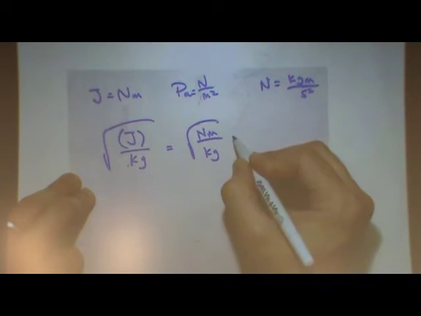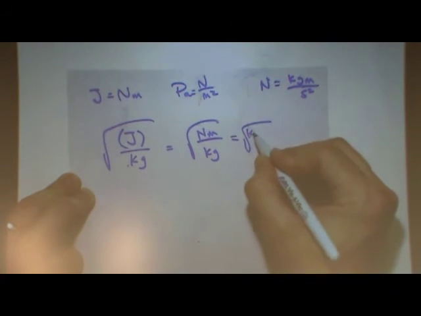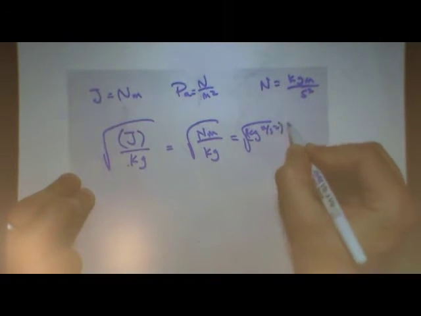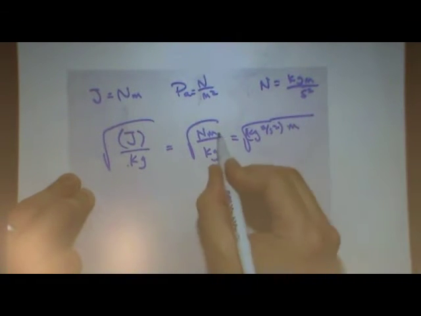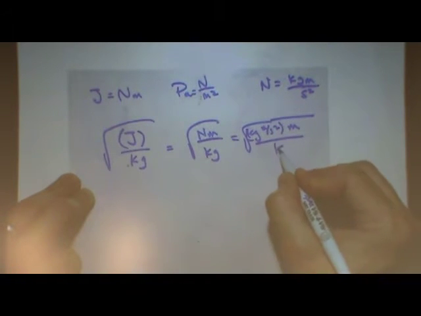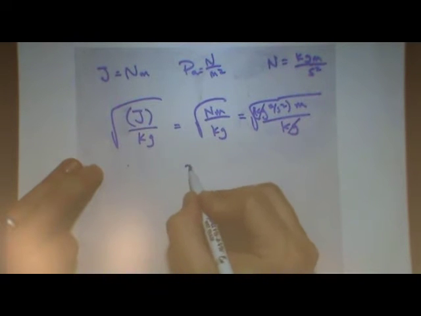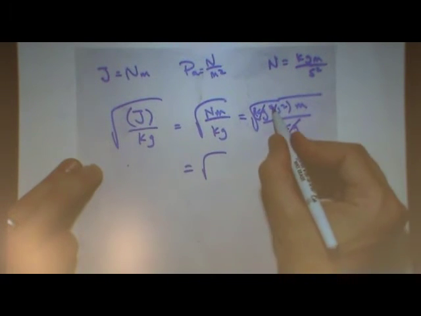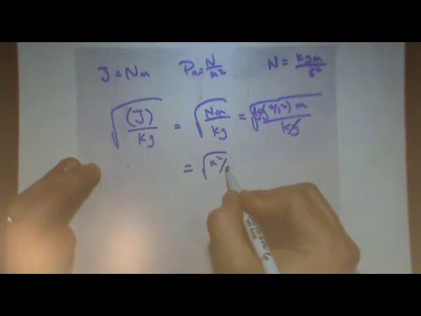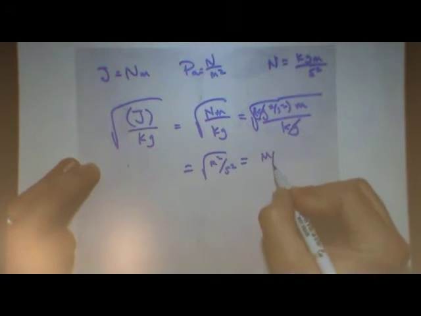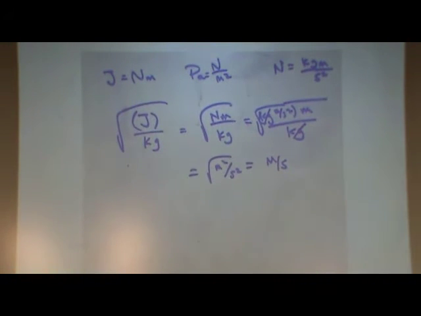A joule is a Newton meter over a kilogram. A Newton is a kilogram meter per second squared times that extra meter, and then the kilogram on the bottom. Notice that the kilograms drop out, and I now have the square root of meter squared over second squared, which is just a meter per second. So it simplifies down to a velocity.